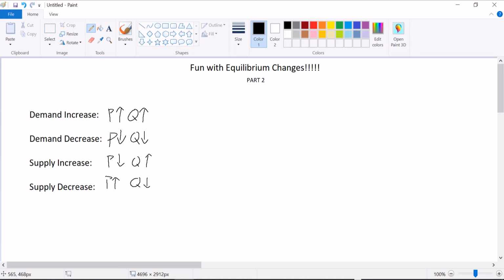Now, one thing I want to do is first highlight why this can be challenging if we make two of these things change at once. So let's take an example where the demand decreases and the supply increases, those two middle cases.